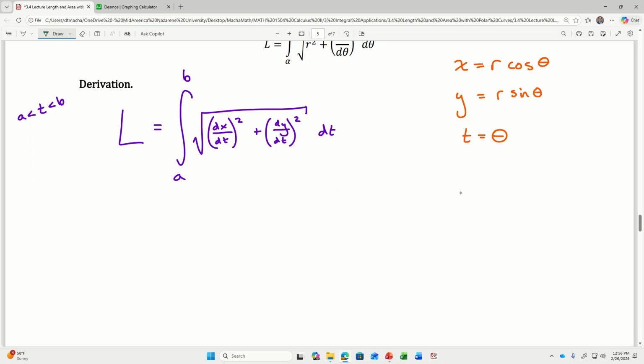First of all, I've got the dx dt. Dx dt is going to be the derivative with respect to t of r cosine theta, or I should say r cosine t, since we can use theta and t interchangeably.